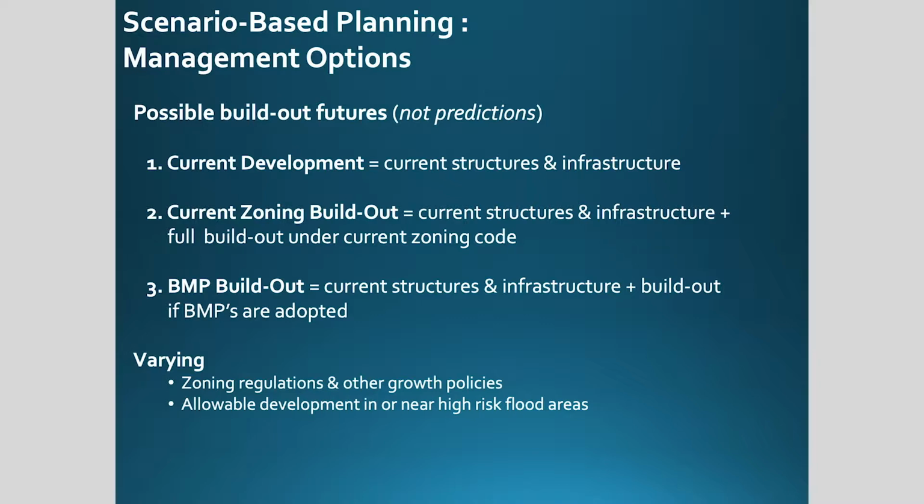The first is the baseline, what's currently here now. The second option is a build-out analysis of what you could end up having if you build out under your current zoning scheme without modifying it. And the third is, what if you adopted some basic best management practices? For what we modeled, that was setbacks: 50-foot setbacks from high water levels and wetlands.